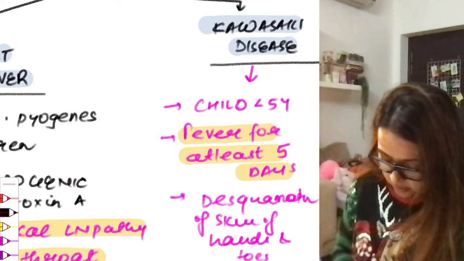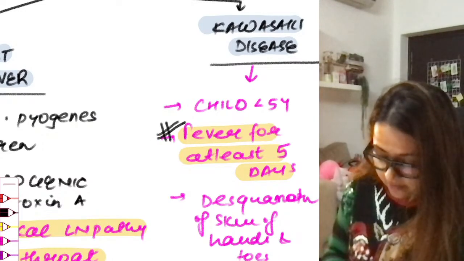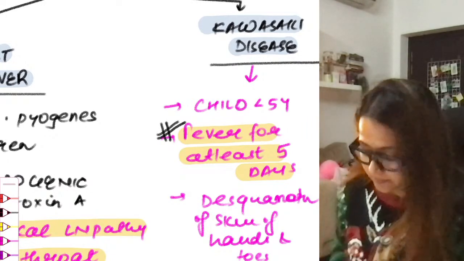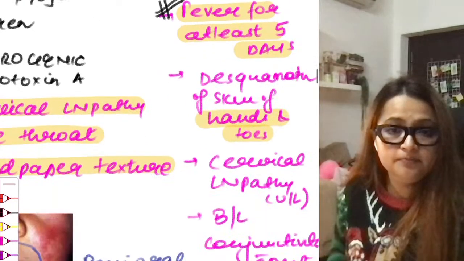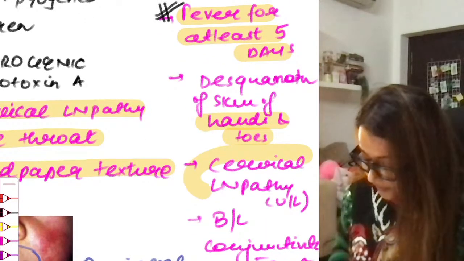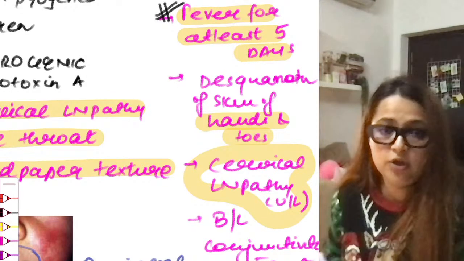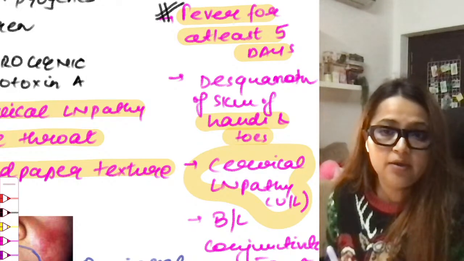Know this because they have these particular points in the diagnosis. Then there is going to be desquamation of the skin of the hands and feet. Then, very important, cervical lymphadenopathy is there, but it is particularly unilateral. Only on one side will you appreciate that the cervical lymph nodes have been enlarged.